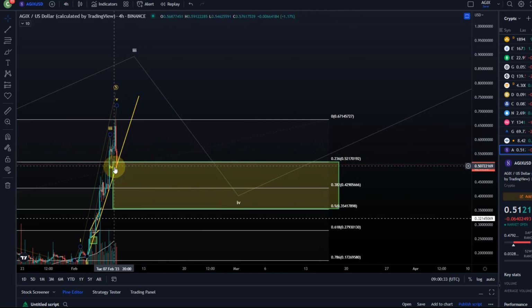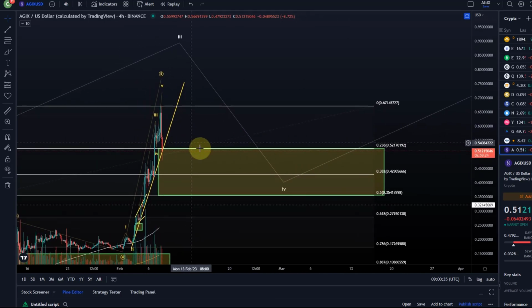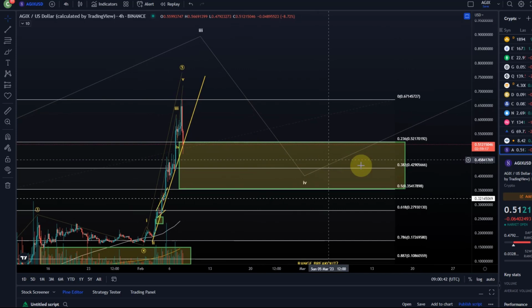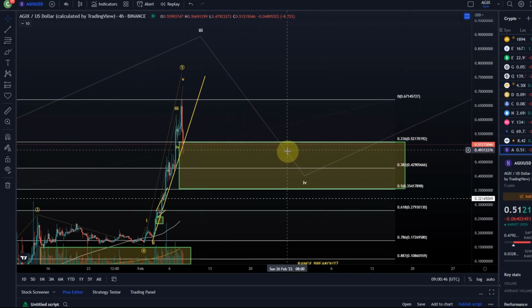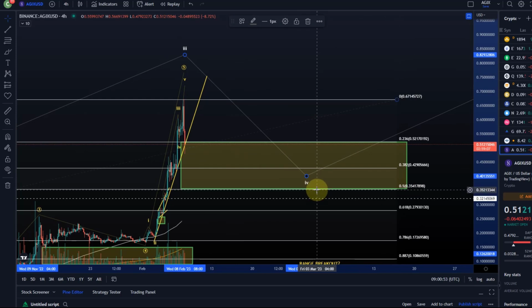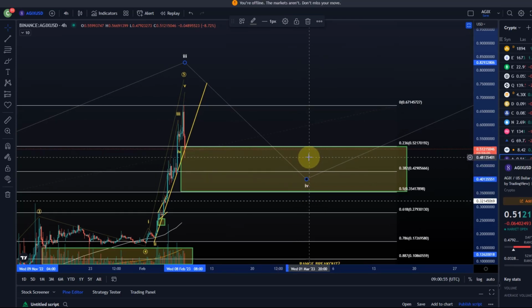Because we already dropped below it, it makes it quite likely that we should see at least the 38.2 Fib, which is the ideal target for a 4th wave, here at 42.9 cents. An even better target might be the 50% Fib level. It would at least be a better target for anybody who wants to scale in.